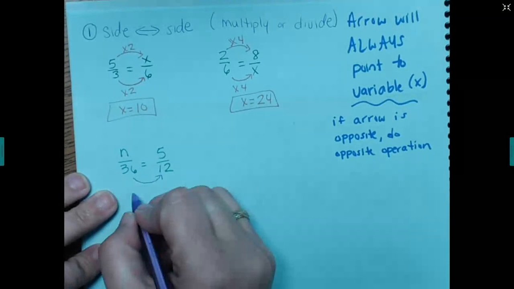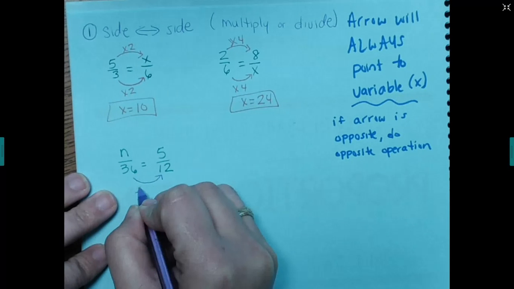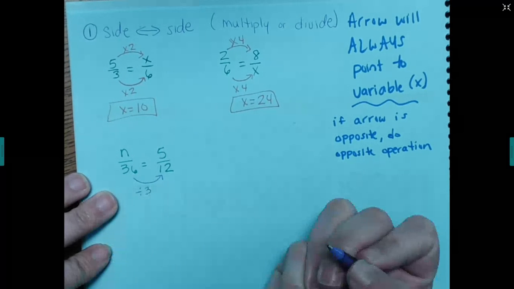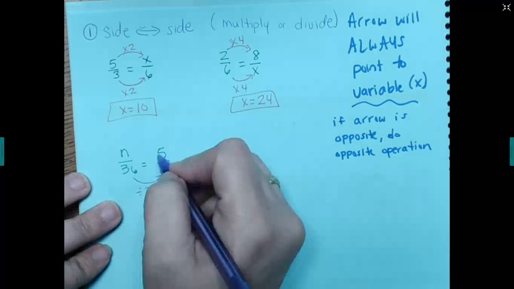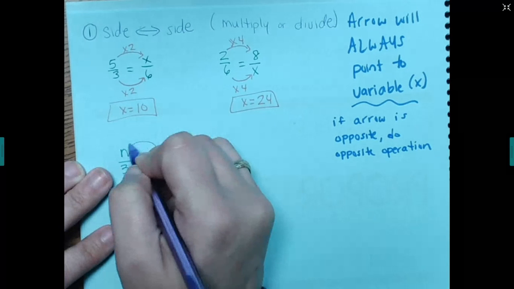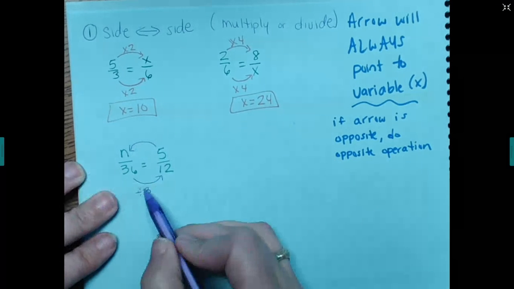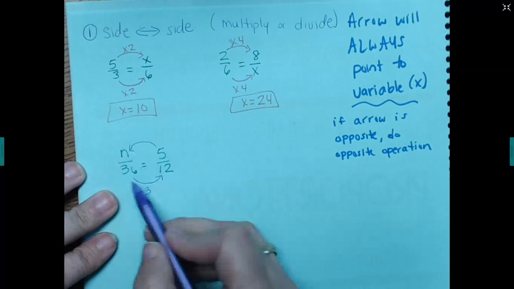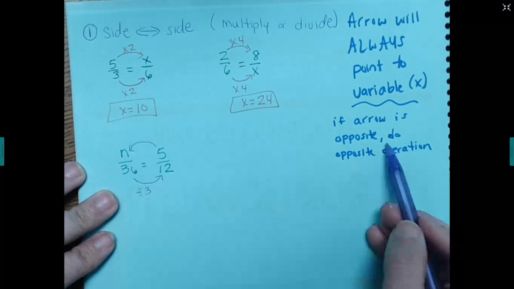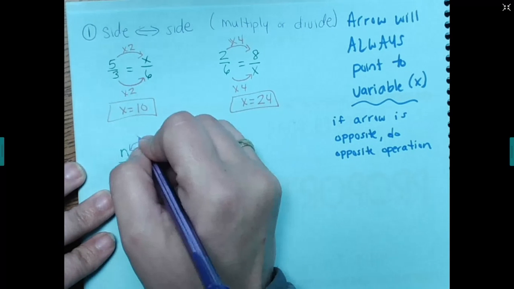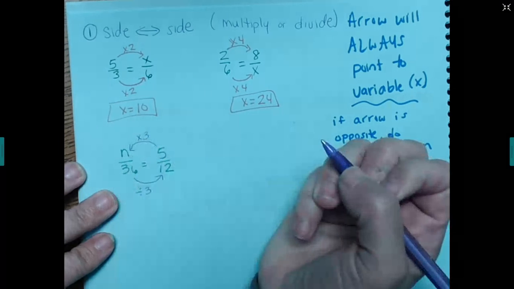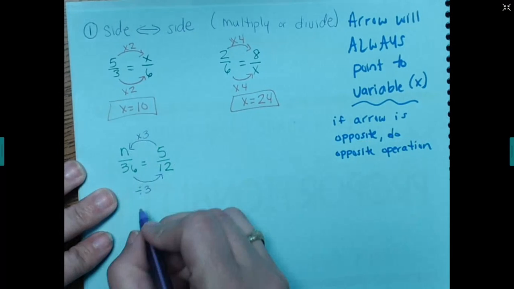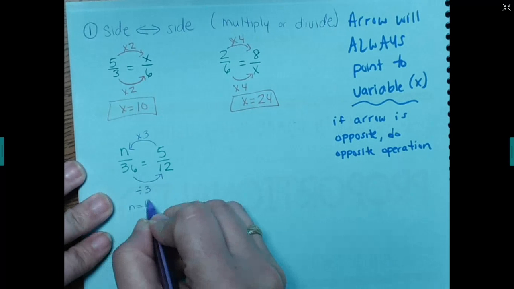Good. And good, Joelle, I saw you in the chat. Divide by 3. Now on the top, remember my arrow always has to point to my variable? Do you see how this time it's the opposite direction, which means the opposite operation, which is multiply by 3. So n equals 15.